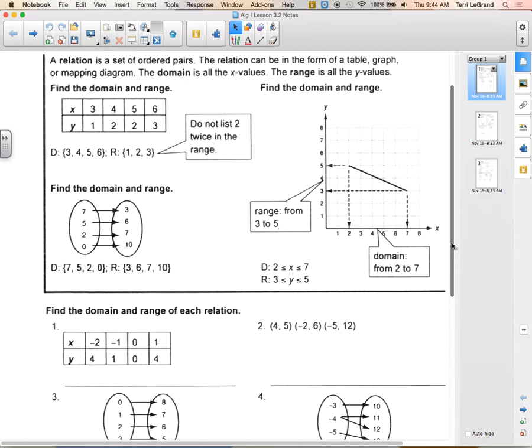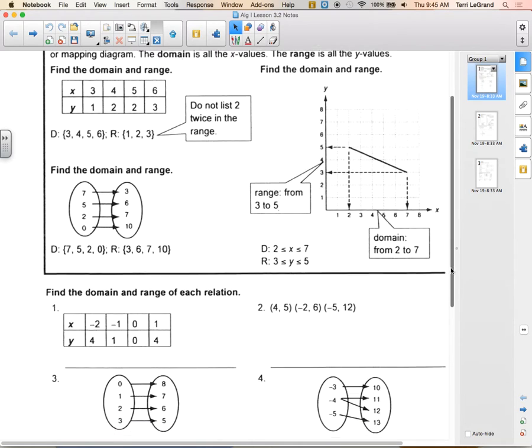The Y coordinates of the sets. Aaron, what's the range? The range is the second set of ordered coordinates. The Y's. So the Y values, the Y coordinates of the ordered pairs of the relation. So the X's from those ordered pairs make up the domain. The Y's from them make up the range, okay?